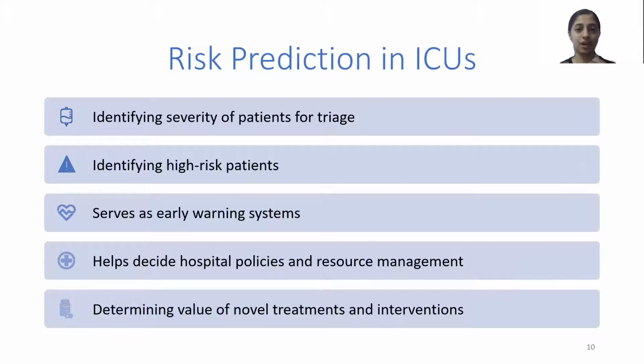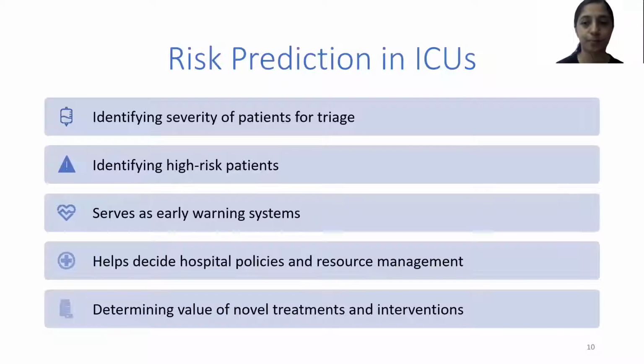Risk prediction also serves as an early warning system. It also helps in deciding hospital policies and is very useful to manage various ICU resources. And from a research perspective, it is also used for identifying the value of novel treatments, interventions, and cohort selection for clinical trials.